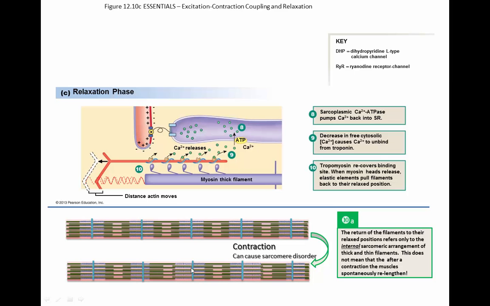The way the order is reestablished is that each of these thick filaments are tethered to the Z line by titin molecules, which act as little springs on the end of the thick filaments.